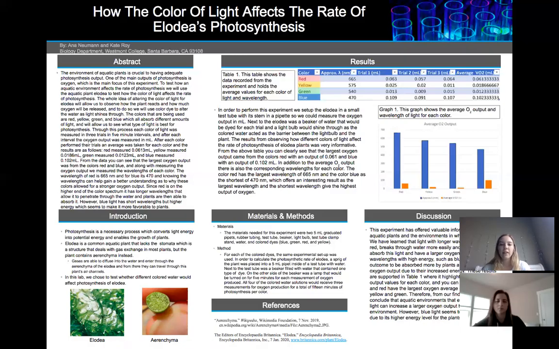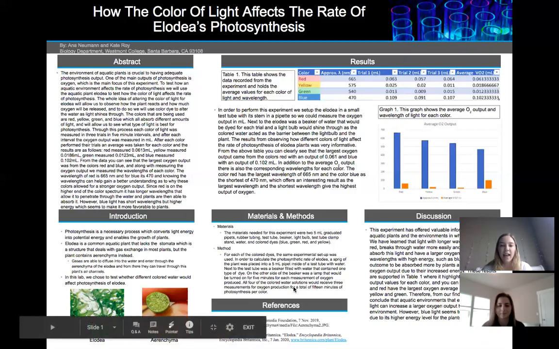In order to calculate the photosynthetic rate of Elodea, a sprig of the plant was placed into a 5 milliliter pipette inside of a test tube with water. To create a picture of this, we had a test tube filled with water, and inside the test tube we had the 5 milliliter pipette, and inside of the pipette was the sprig of Elodea.